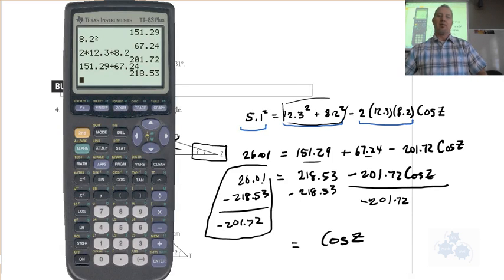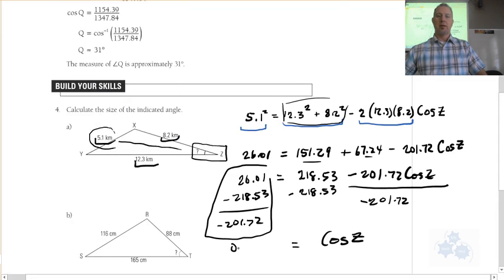So here I've combined a couple steps for you in case you want to do something like that. That's negative 192.52, and I'm going to divide that by negative 201.72. You should get something that's less than 1. 0.95 is perfect. 0.95439.